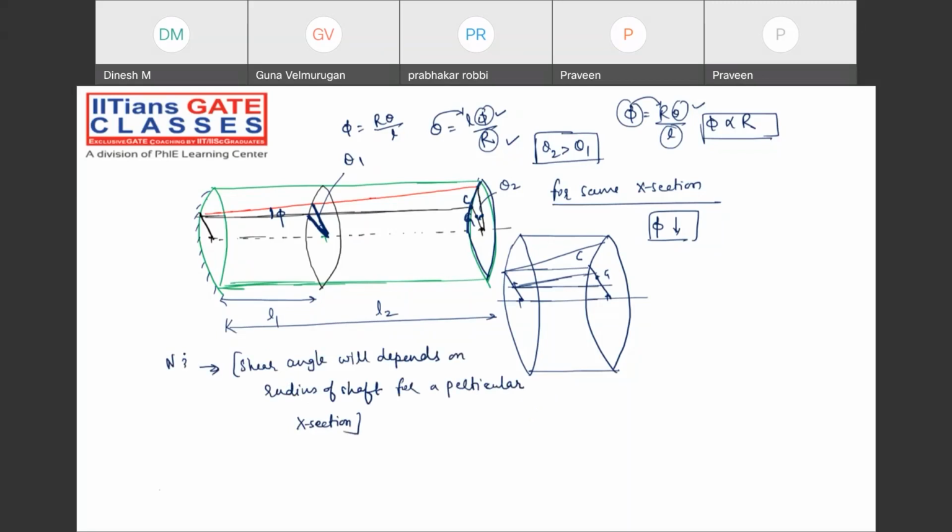Put a note, number 3, and note down, very, very important: shear angle depends on the radius of the shaft for a particular cross section.